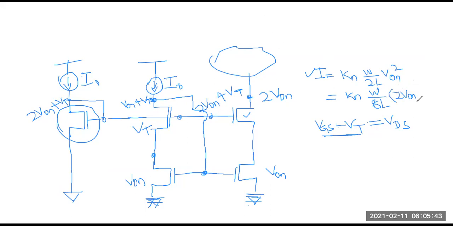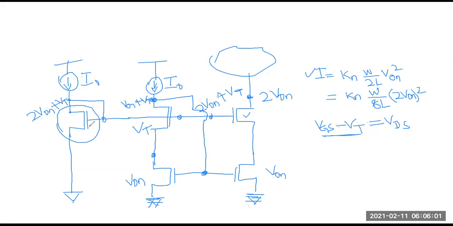So instead of Vn, now we can get 2Vn. For that, what will we do? Either we increase L 4 times or decrease W 4 times. Generally W will be the same. We increase L 4 times. So 4 series devices we can use instead of this one.